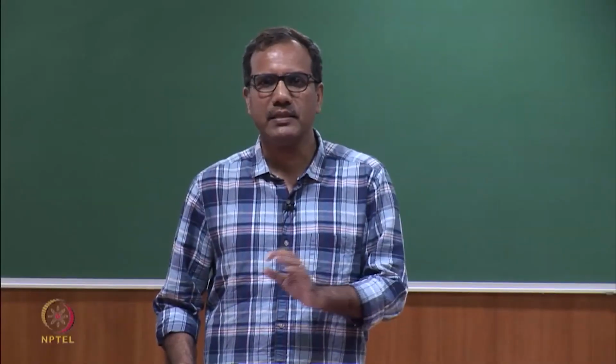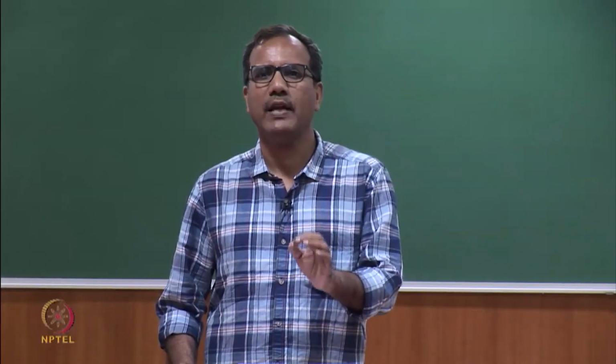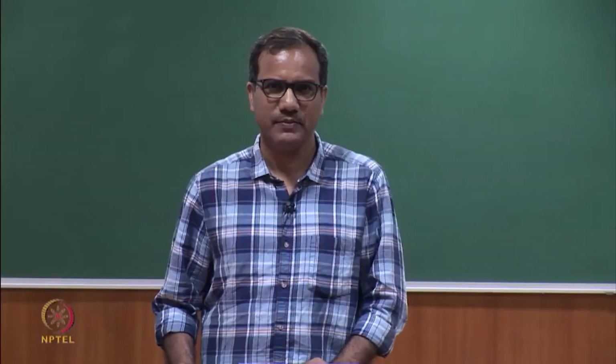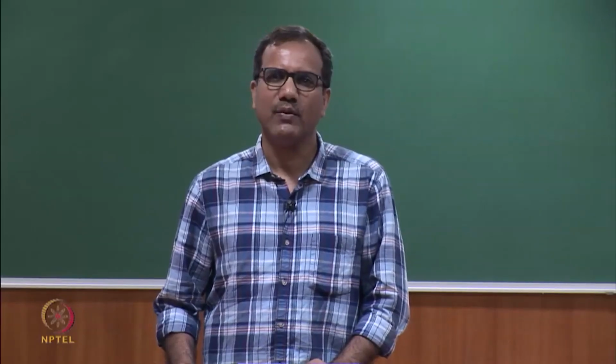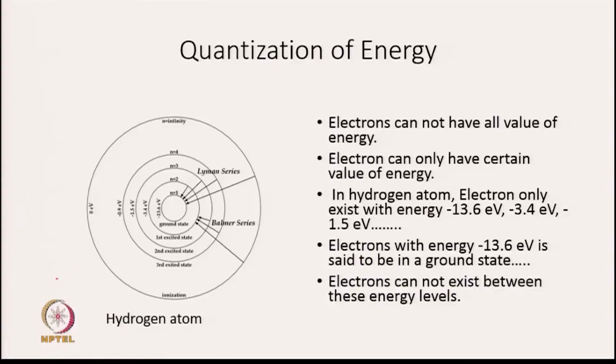Quantization of energy means electrons cannot have all values of energy, or an electron can only have certain values of energy. So, here is a diagram of the electron distribution in a hydrogen atom.